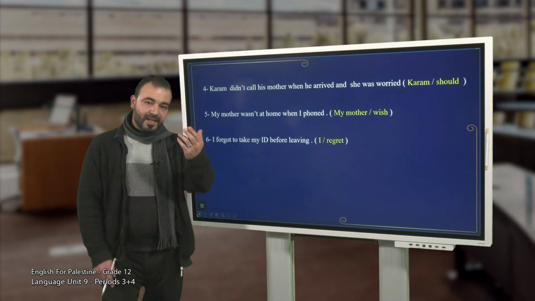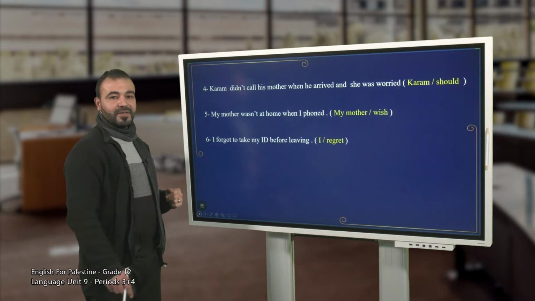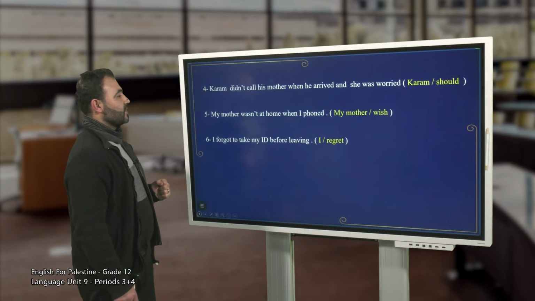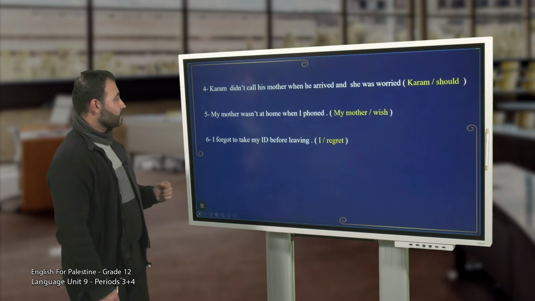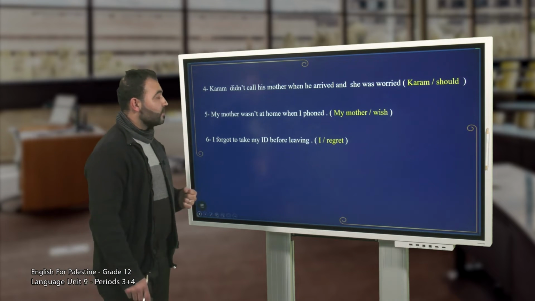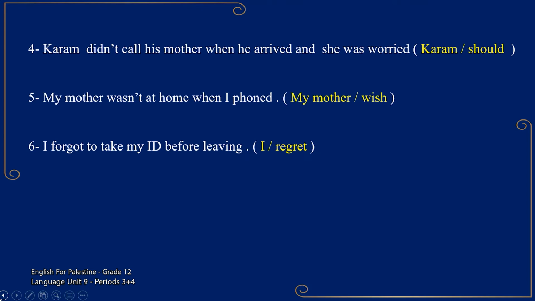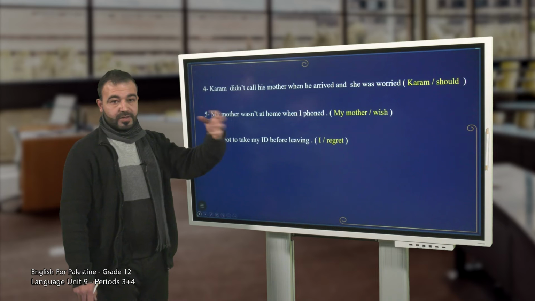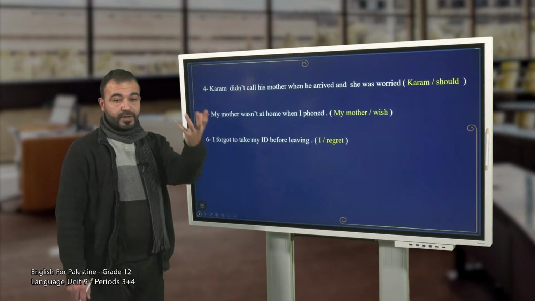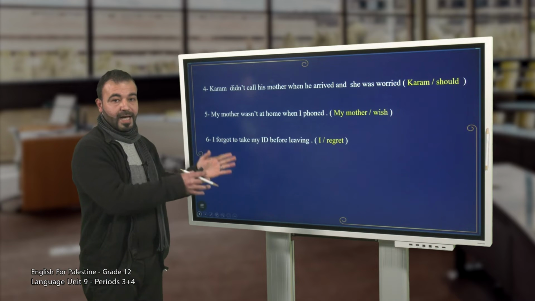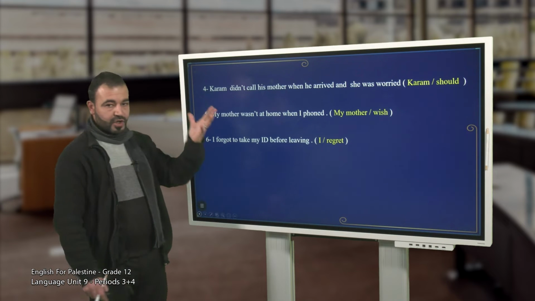Thank you. Again, pay attention and check your answers. Sentence number 4. Karam didn't call his mother when he arrived, and she was worried. Karam should. We need to criticize Karam's past action using should.